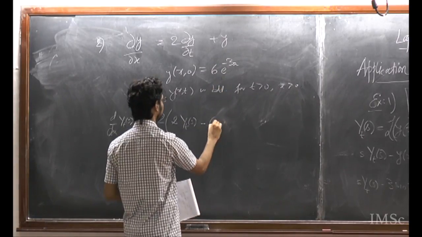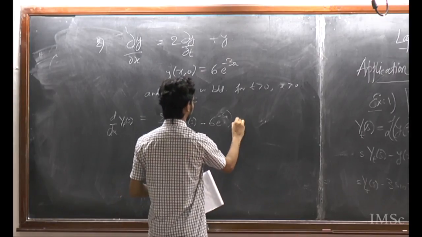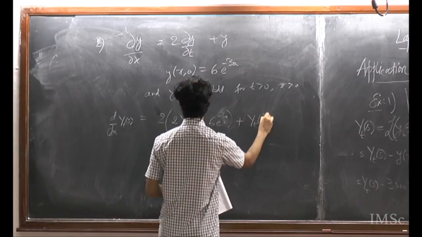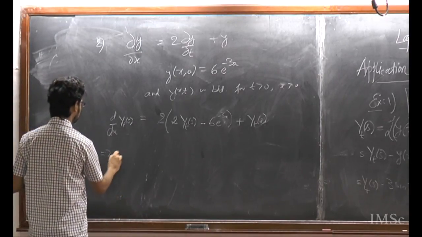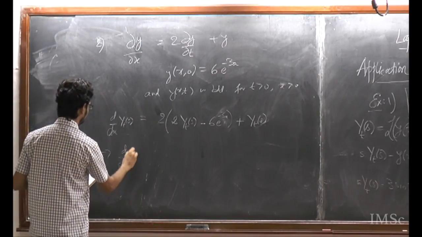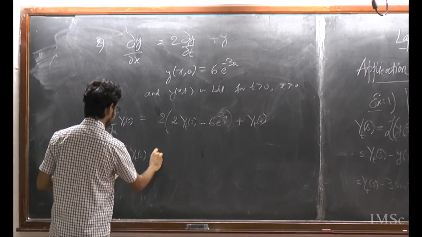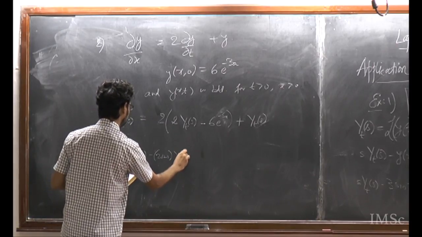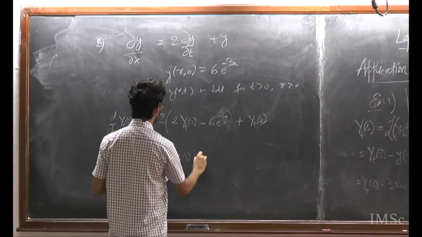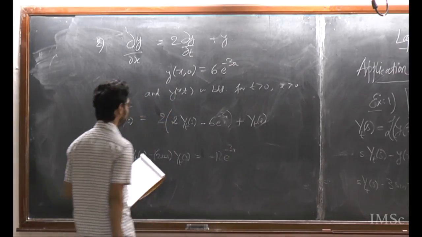Yeah? 6 e to the minus 3x plus Y(x,s). Okay. So this is d by dx of Y(x,s) minus (2s plus 1) Y(x,s). This is equal to minus 12 e to the minus 3x.